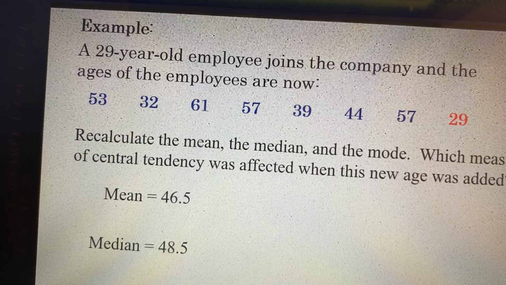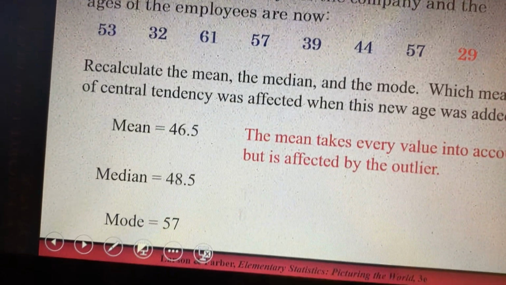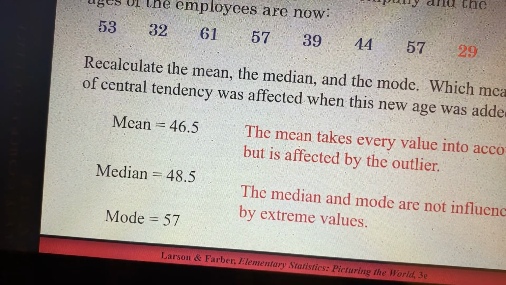That would be an even number of terms, so you wouldn't have just the one middle term, you would have 2 middle terms that you would have to add together and divide by 2 to get the 48.5. And finally, the mode is still 57 because that's the only number that repeats.